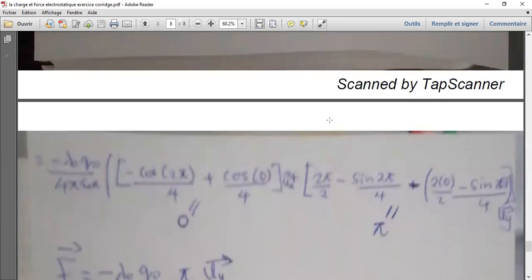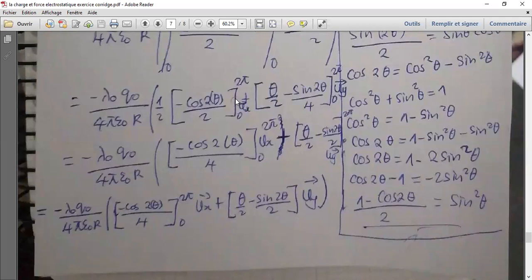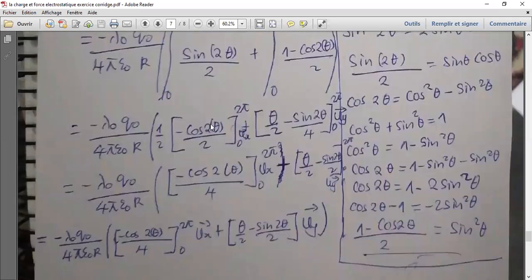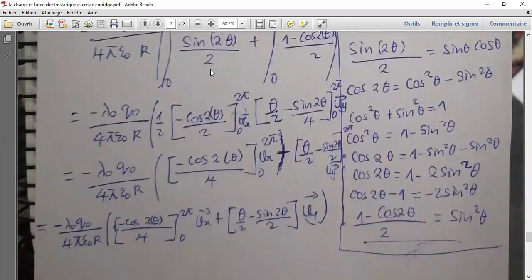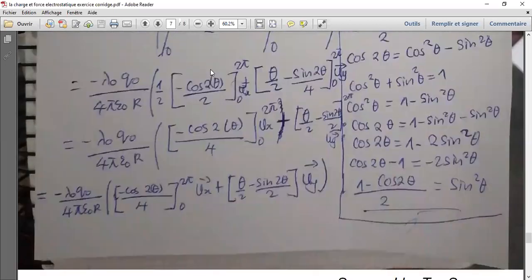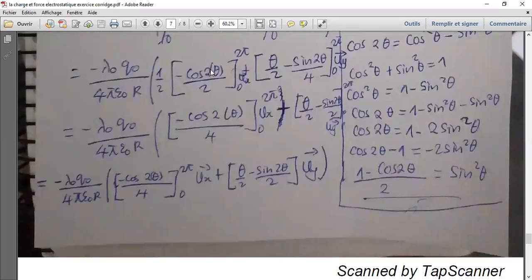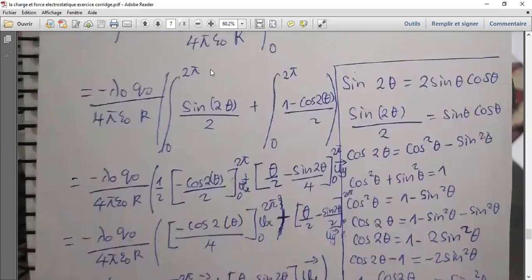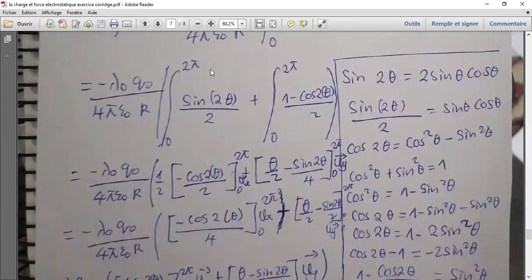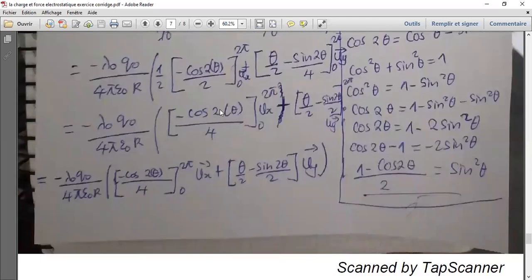So here it's supposed to be 2. So when you're solving this one, you have to make some correction. So here's supposed to be 4. This 2 pi will cancel out with the 4, and the 2 pi also has to cancel out.